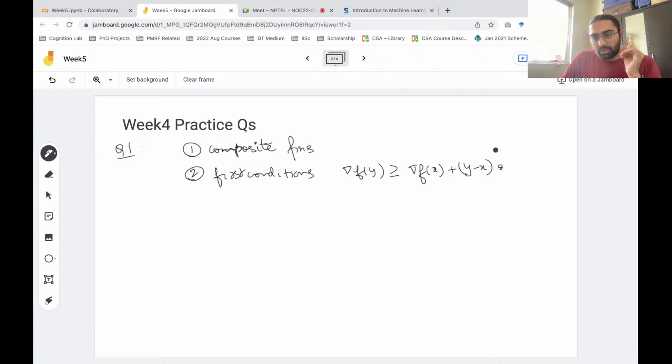I'll get the exact expression after a while. This should be true for any x and y belonging to the domain of f. Okay, what else can we do?